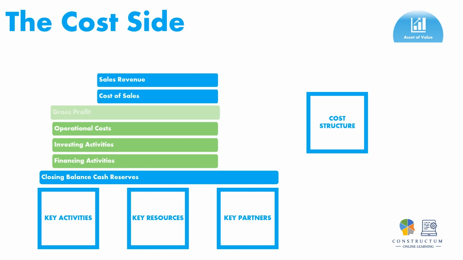Gross profit. Gross profit equals sales minus cost of sales. A business engages in trading activities, including procurement of raw materials or stock, promotion and sale of products or services, and collection of sales revenues.